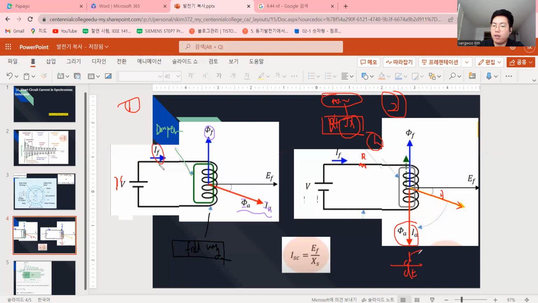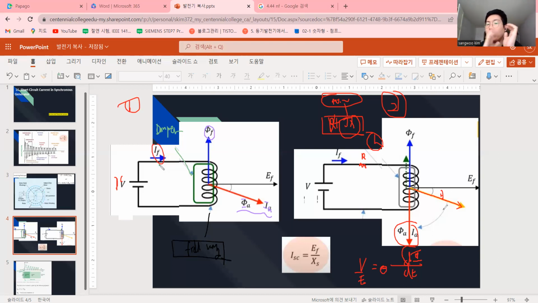The negative d phi over dt, right, giving the voltage. In picture one, the damper and the field winding are synchronous, the same, so there is no change of flux here, and no induced current or voltage in the damper and the field winding. But when the short happened, the current changed, which means the flux also changed at that time.